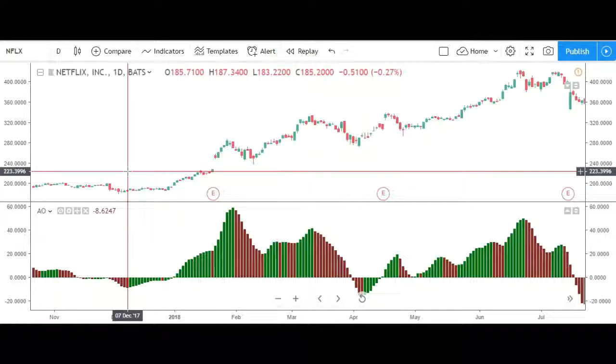The 5 simple moving average is still moving up, or is still in an up zone. And that could just be the fact that you can see this red candle right here. That means that since this is green, the 34 moving average probably changed, so it still made it higher, if that makes sense.